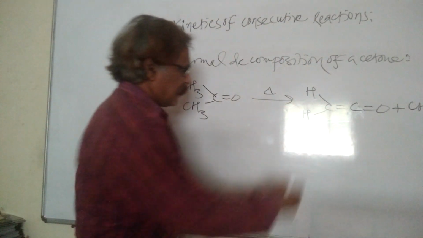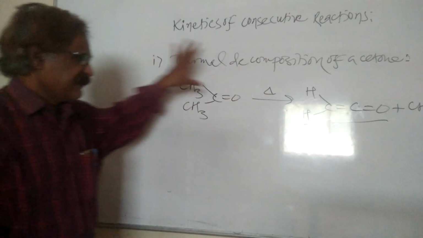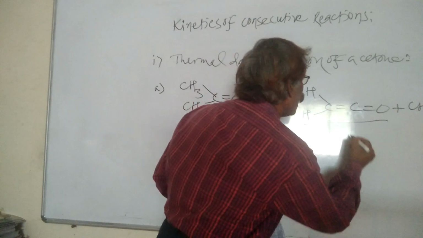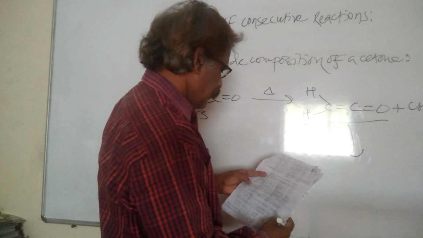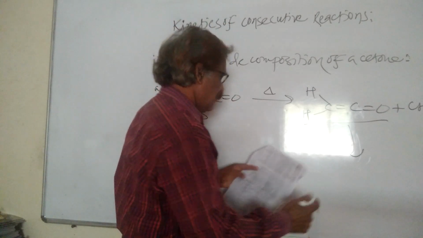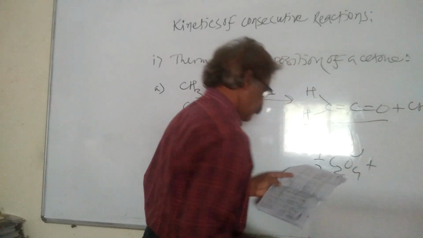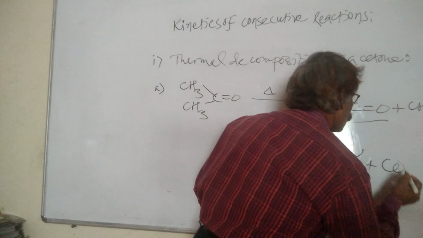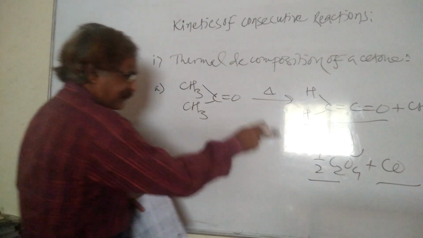And this new product generated in step 1 later on gives 1/2 C2H4 plus CO. So this is the second step.